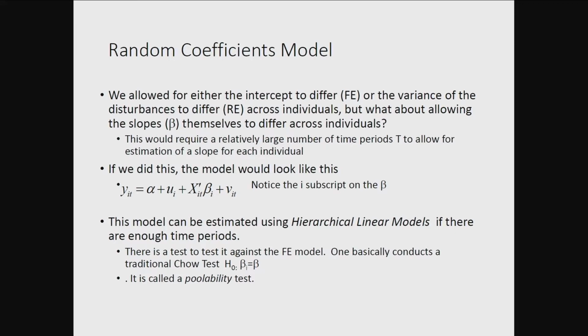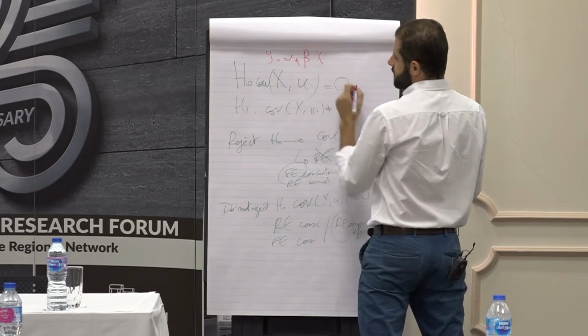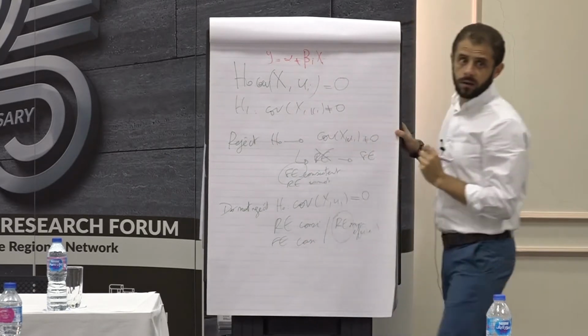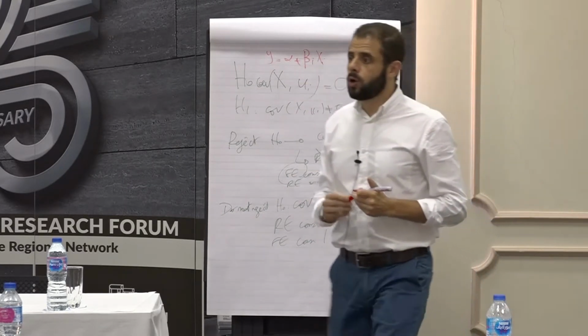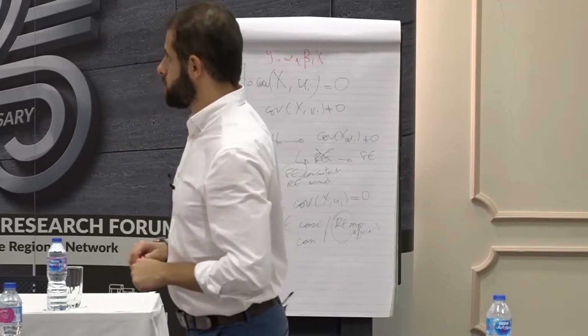But what happens if you want to assume that even the slopes will be changing by individual? This means that instead of having y equal to alpha plus beta xi, I will have a beta I. So in this case, we're going to have a coefficient that will be changing across individuals.